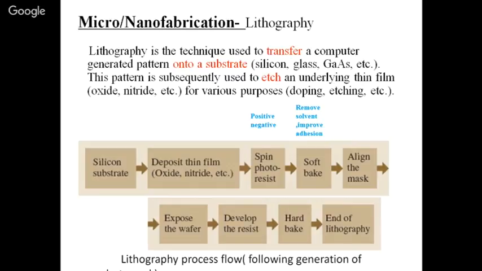Now we expose the wafer, the part from which we are interested in removing or depositing material, or even cutting a channel or micro channel. That part is required to be opened and exposed to chemical action or laser action, and then develop the resist and hard bake, end of lithography. So these are the flowcharts for the lithography process.